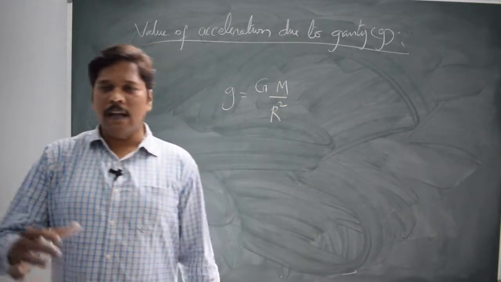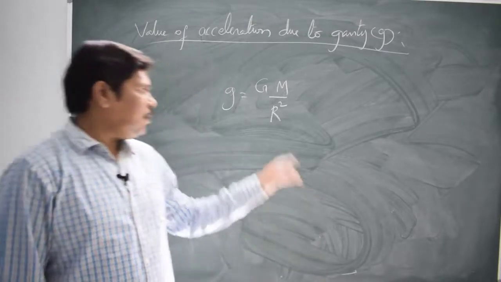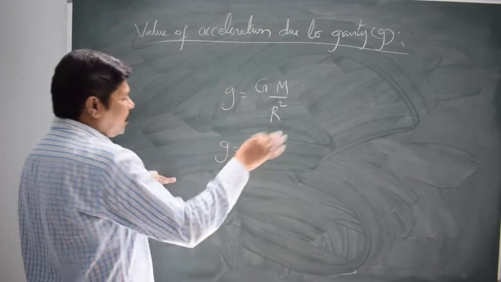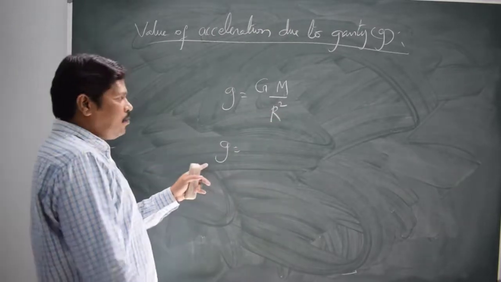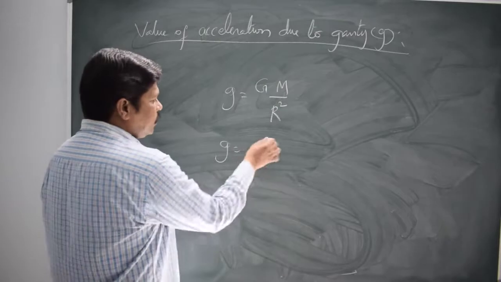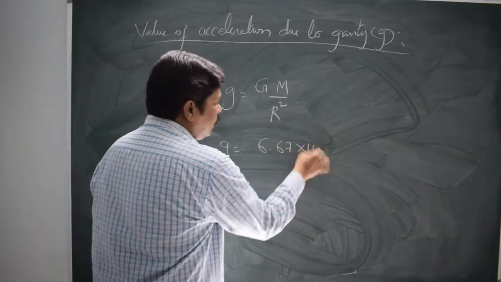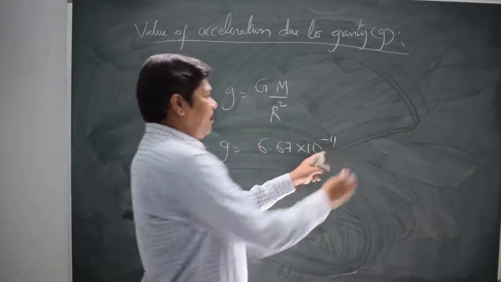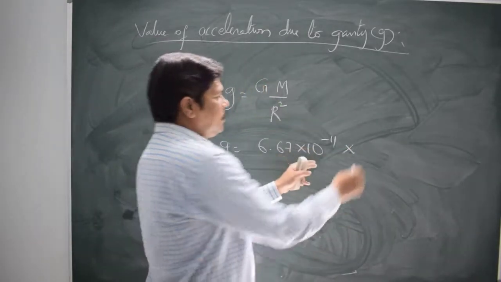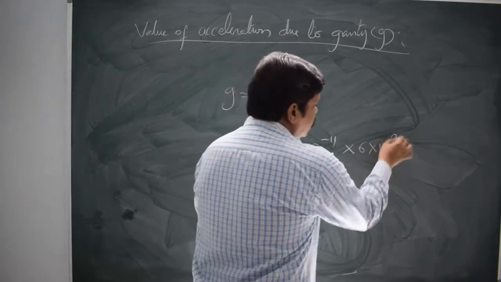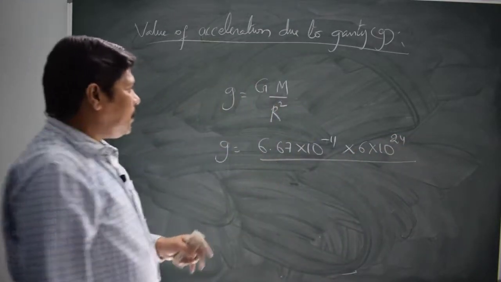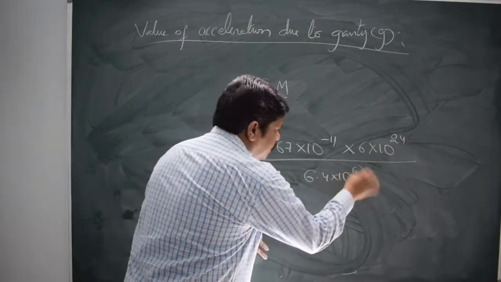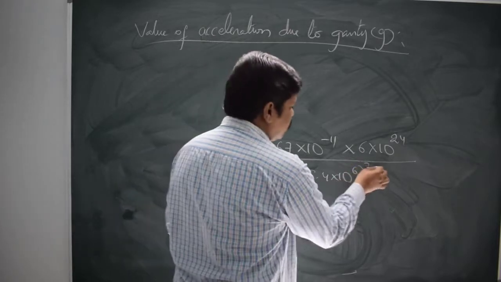Now we will find the value of acceleration due to gravity by substituting the known values. All bodies falling on the earth experience g equal to the universal gravitational constant, 6.67 into 10 power minus 11 newton meter square per kg square, times the mass of the earth, 6 into 10 power 24 kilograms, divided by the radius of the earth squared, 6.4 into 10 power 6 meters, whole square.